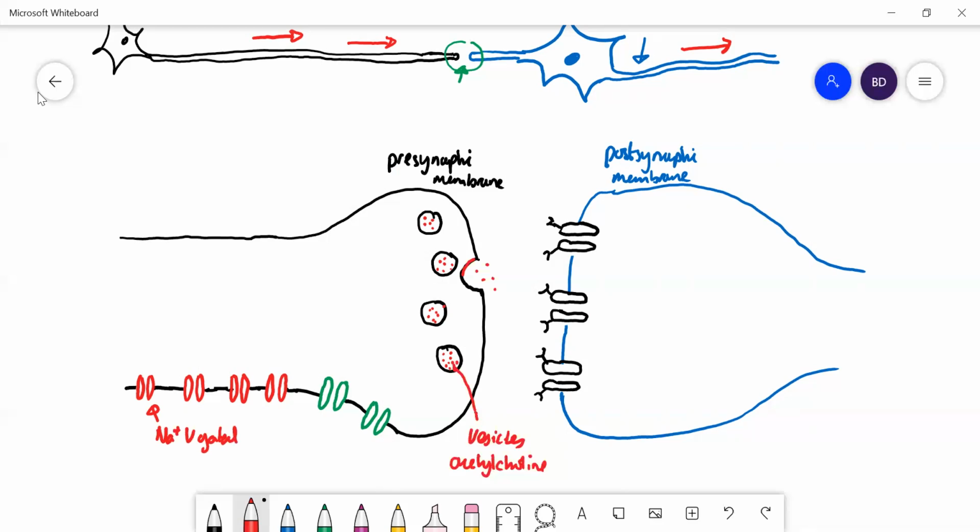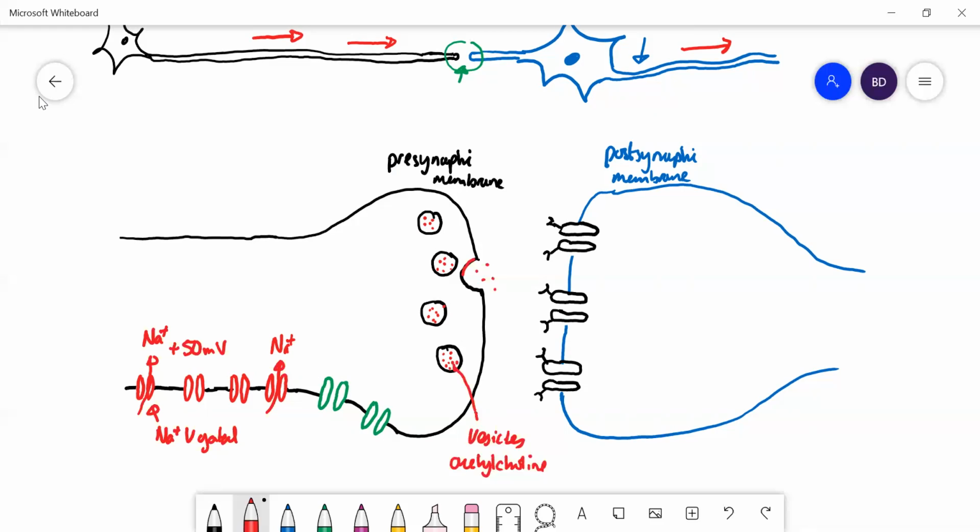As the wave of depolarization passes down the cell, sodium ions are going to flood into there, and that will depolarize it, go to plus 50 millivolts or whatever, and the wave of depolarization will continue, with sodium ions coming in here.